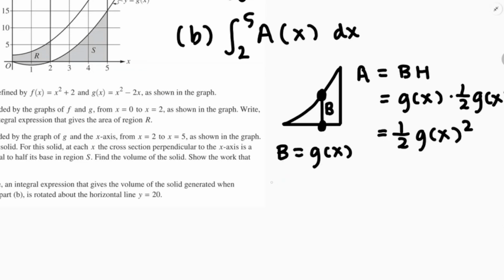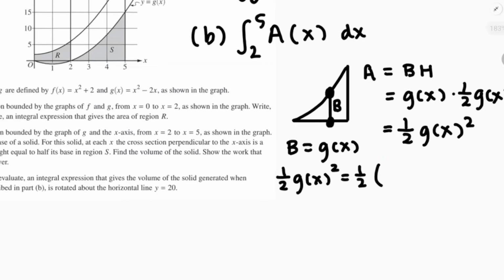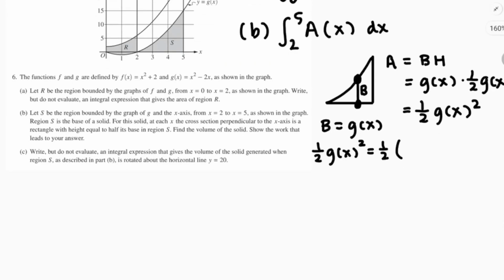Maybe I'll do a little bit of this multiplication off to the side. x squared minus 2x, because it wants me to find the volume of the solid without a calculator. So x squared, negative 2x, negative 2x.